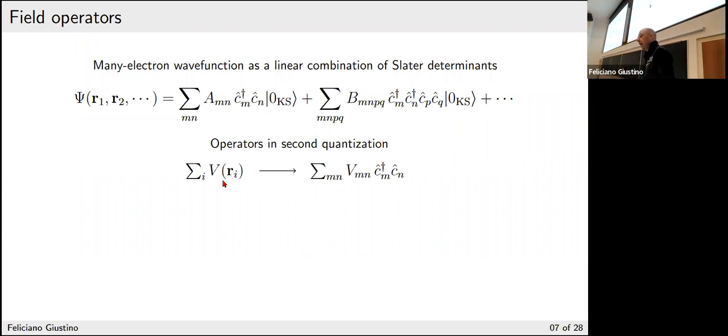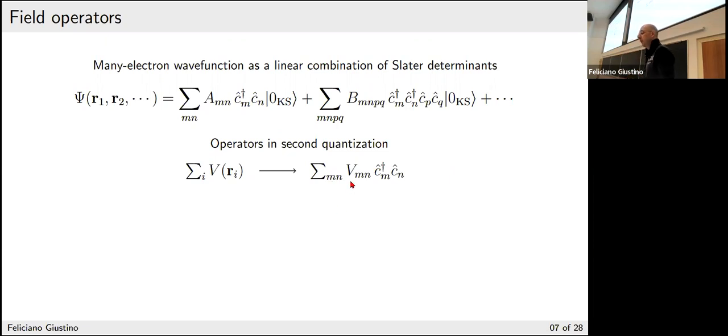You can write this as the sum of these terms, which is essentially a C dagger C, so these operators are introduced here, times the matrix element of this operator over standard, let's say, Kohn-Sham orbitals. These are very basic results of second quantization. We're not going to prove it here, but it can be done very quickly. You can open any quantum mechanics textbook, you will find this.